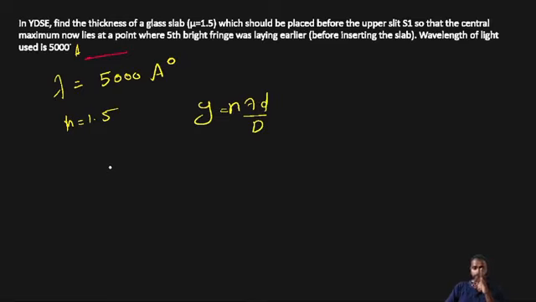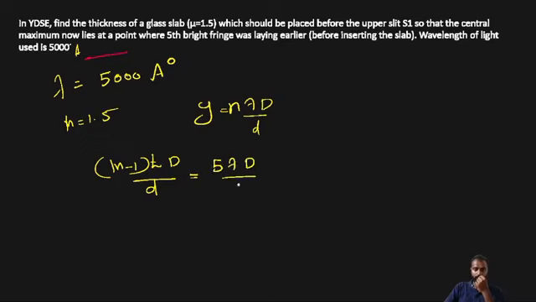Then the new central bright fringe is at the fifth position, that is (mu minus 1) t times D by small d equal to 5 lambda D by d.